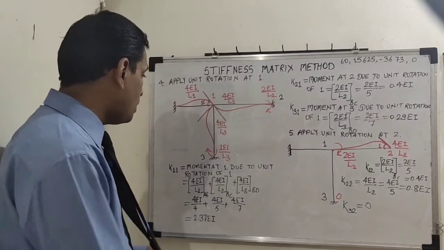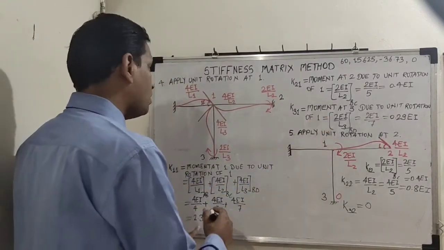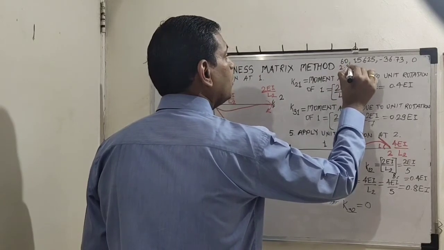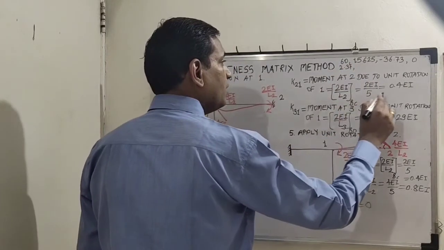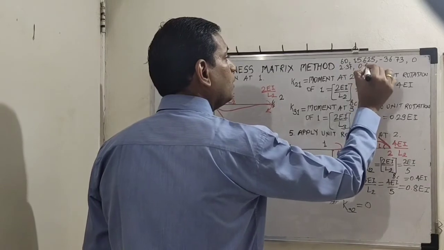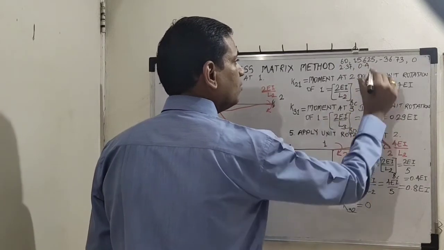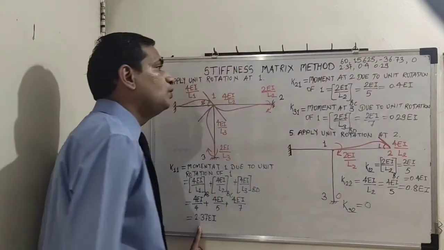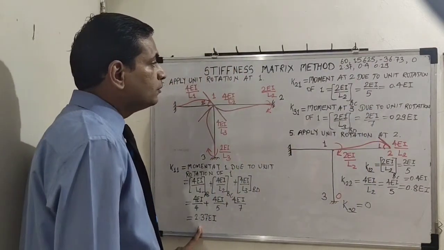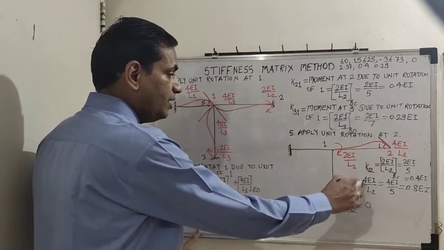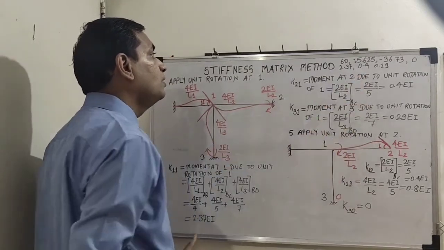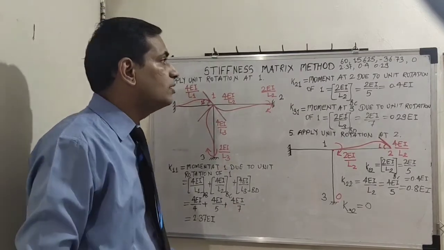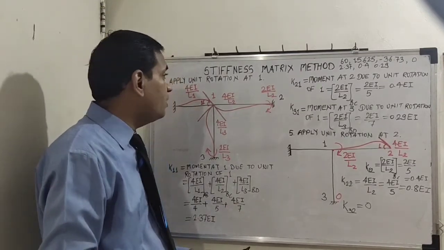I will just note down these values somewhere: 2.37EI, then 0.4, and then 0.29. The first 3 values are here. Now 3 more values from the next step. Let us find.